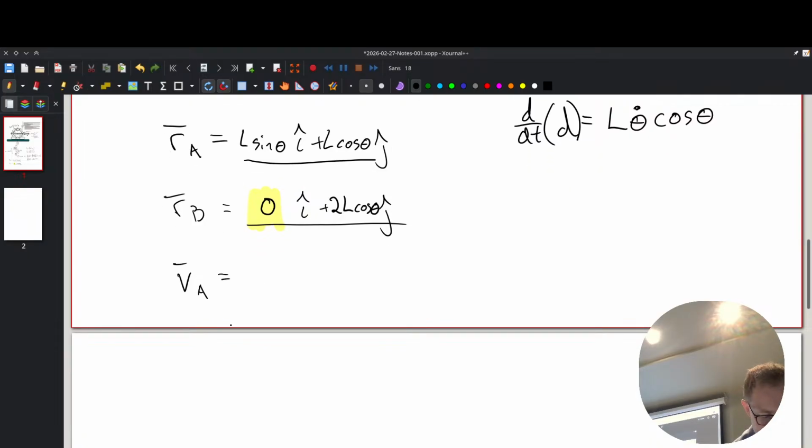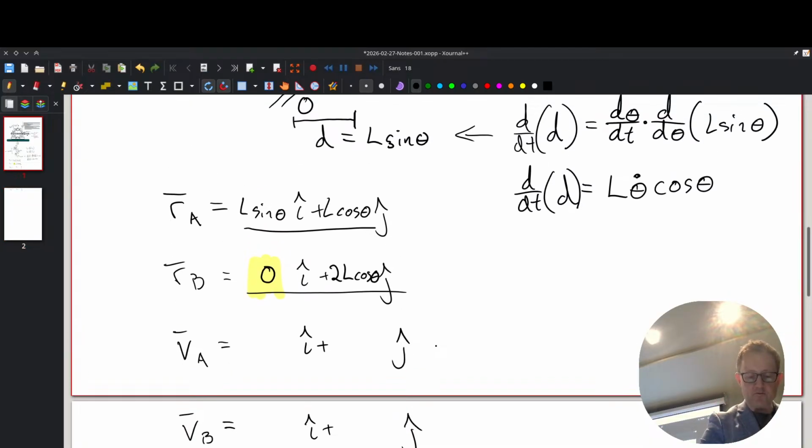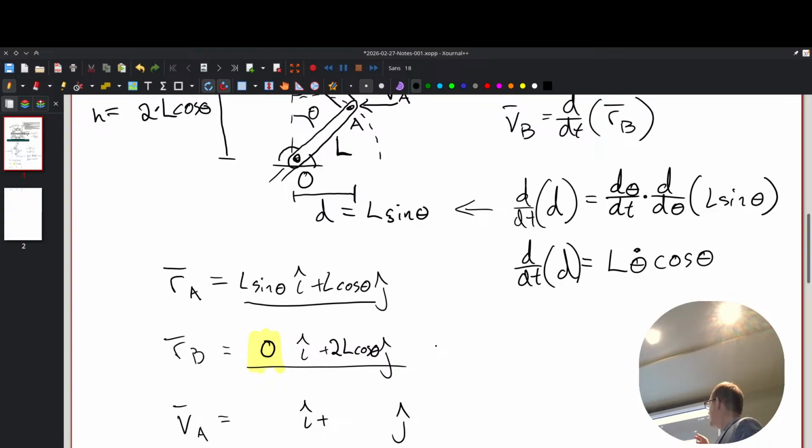All right, how fast is everything moving? This one we started to touch on last class, and we used the chain rule to figure it out. What is that distance d, which is one of the components of our positions that we just figured out.